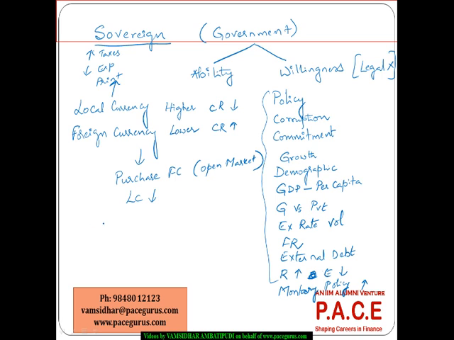and any kind of defaults that come up, apart from the various willingness related scenarios, some kind of political disturbances like wars, or natural calamities, even they can make the overall government default on its loans.